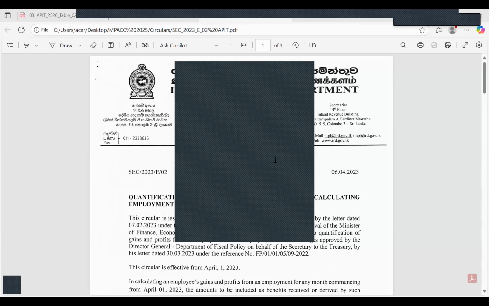If that income is earned as an independent service provider or by providing professional services, it is a kind of business income, not employment income. So first of all, we have to identify whether some income is business income or employment income.